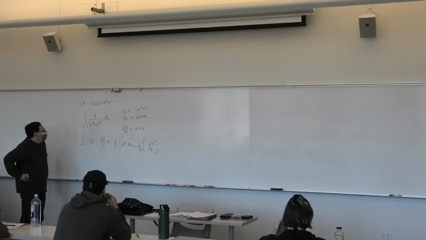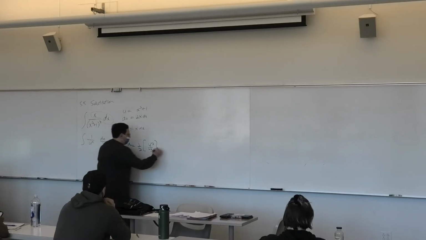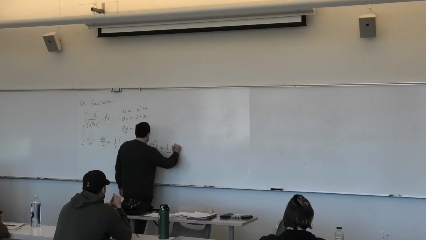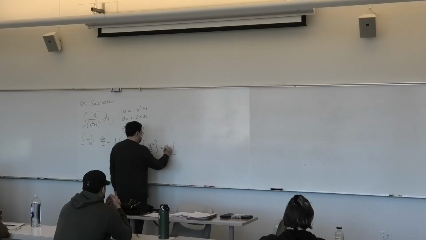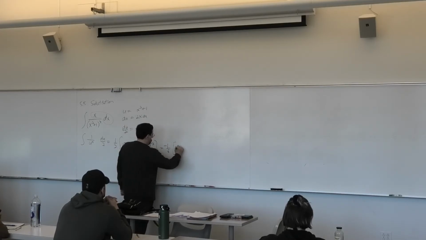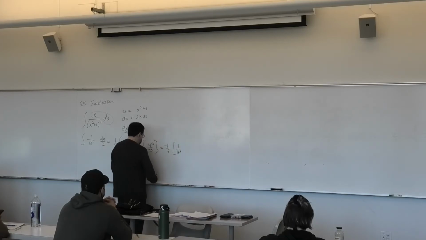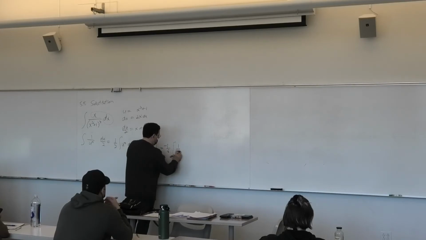Now, we might as well go ahead and do that. I guess it's negative 1/6, and this is 1 over u cubed, which means 1 over x squared plus 1 cubed.